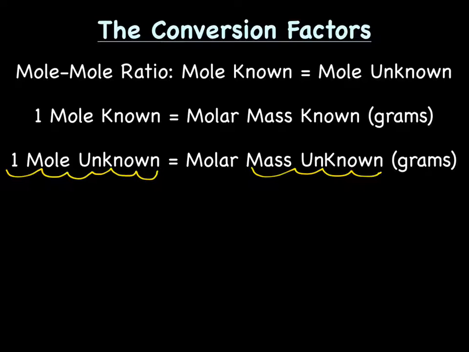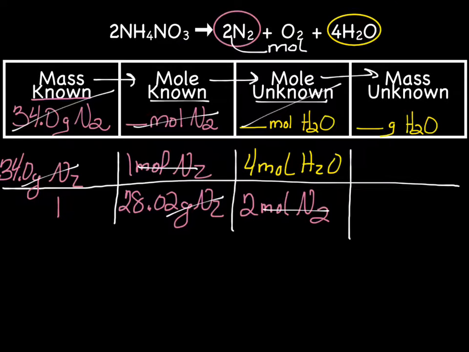1 mole unknown equals the molar mass unknown in grams. All right, so looking at our map, our unknown is mole H2O. So we're going to have 1 mole of our unknown, again H2O, equals the molar mass of H2O. Again, molar mass comes from the average atomic mass found on the periodic table with the units grams.